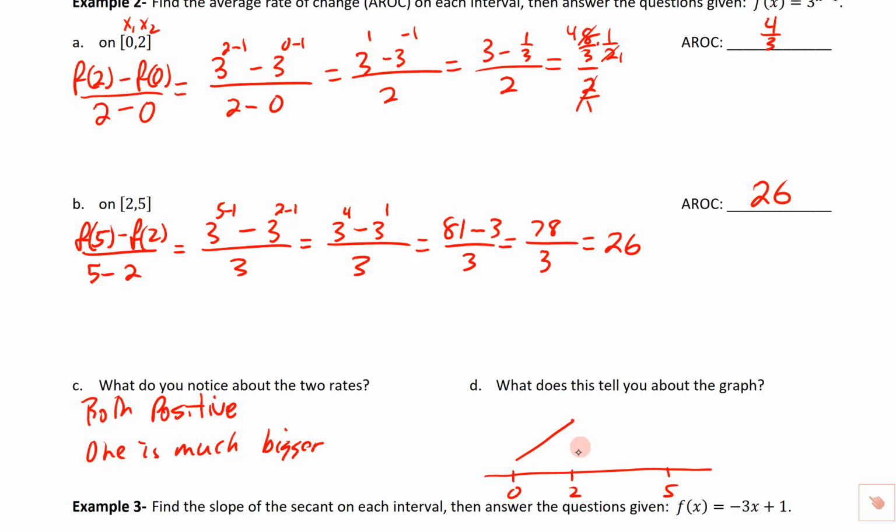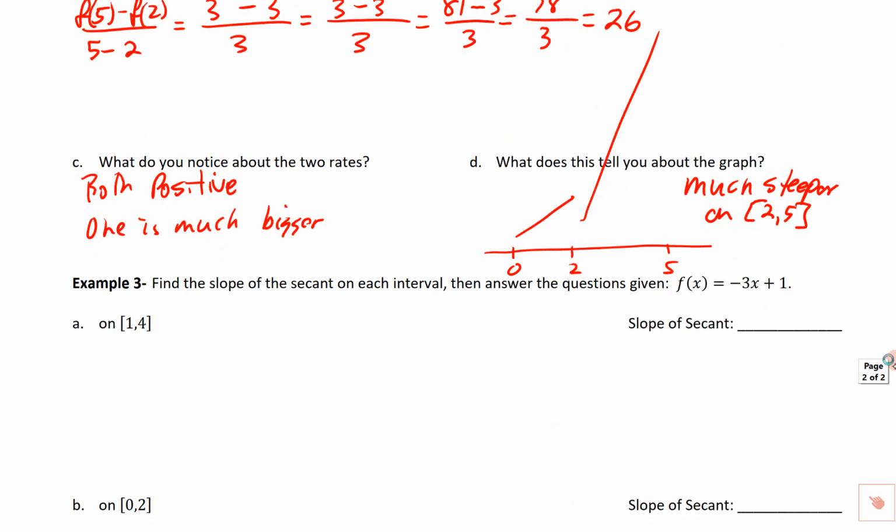But 26 would be ridiculously steep. We'd go up 26 and over 1, so that would just be ridiculously steep. Okay, so we're going to say this, much steeper on the interval from 2 to 5 than it is from 0 to 2. And that's enough of an indication that we kind of know what's going on with those two.